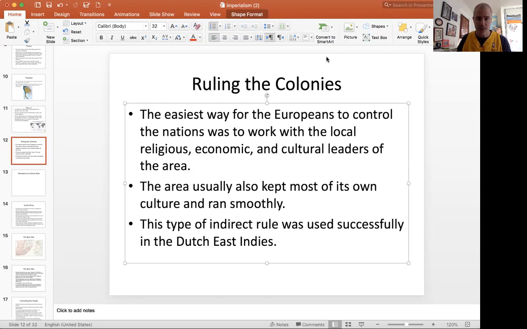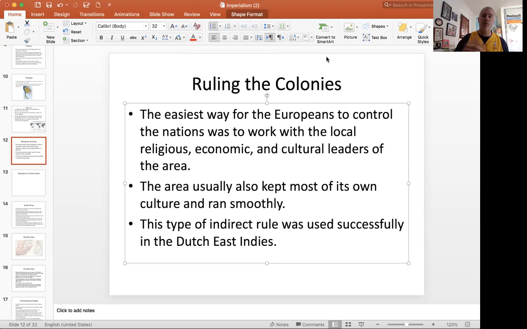So in the first example we give, the Europeans come in, take over the land through force, and then send in a police force to rule over the local people, having governors or some sort of representative of the king there to rule over each and every single person's life.